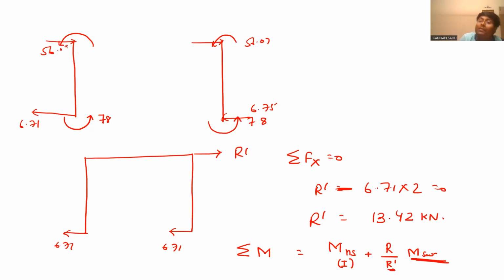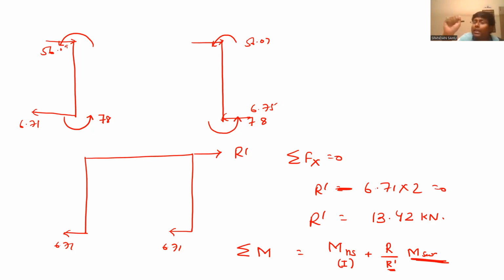But had it been 15 kilonewton, then whatever you assumed would have been correct, and you would just add it. But since those are not the same, for 1 kilonewton reaction, what will be the moment? Whatever you got now, divided by 13.42, will come due to 1 kilonewton force or reaction.